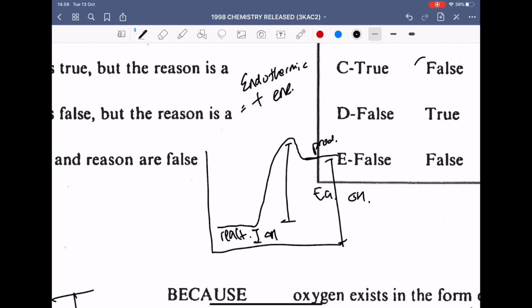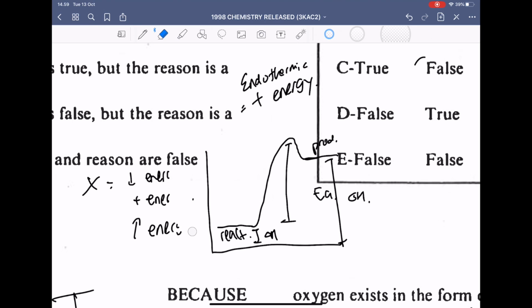So if you have substance X that has very low energy, but you add energy to this, what will happen is that the energy will increase.